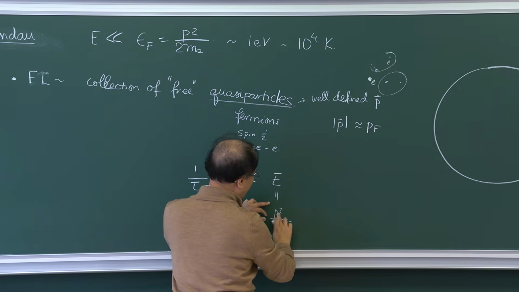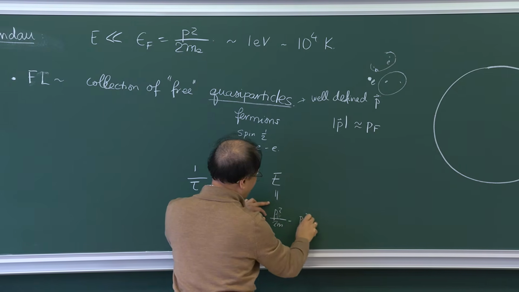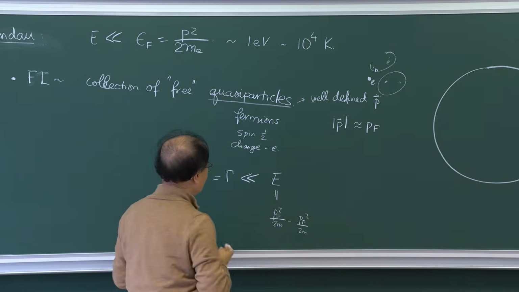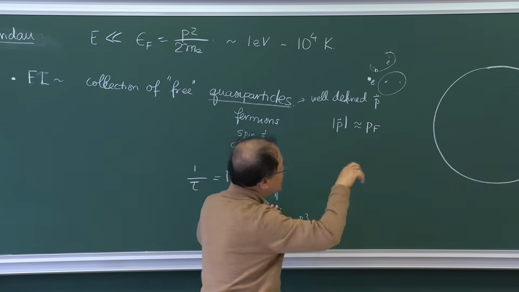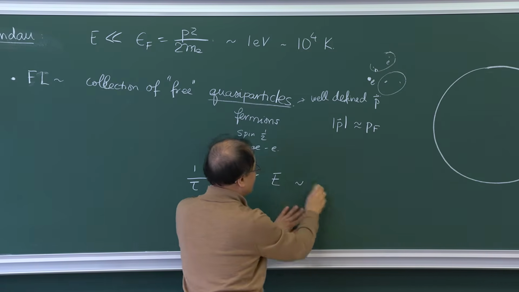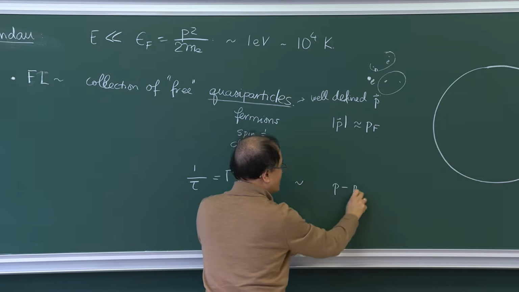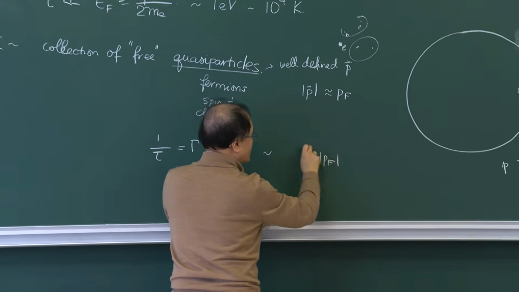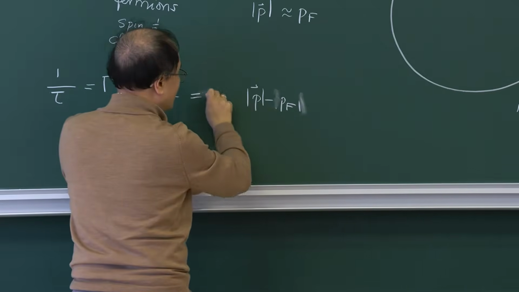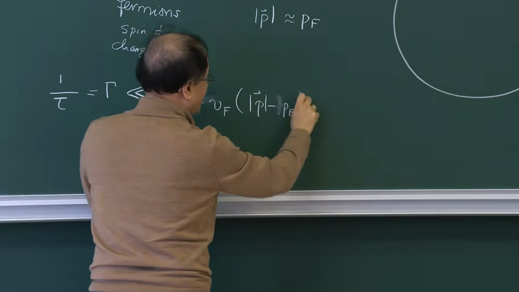minus p squared over 2m minus pf squared over 2m. But for interacting fermions, it's some quantity that measures roughly the distance to the Fermi surface, equal to Vf times (P minus Pf).